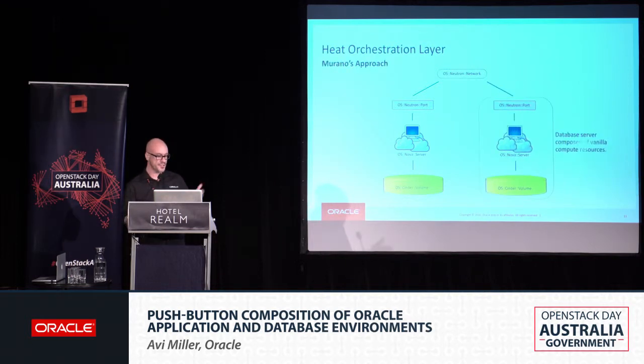With a Murano approach, we replace that single Trove instance with a compilation, if you like. That's my word, it's not an official word, but it's essentially a compilation of vanilla resources. Here we can just use orchestration to say, what I'm going to do is build up an application using a standard Neutron port, a standard Nova server, a standard Cinder volume, but I have slightly more smarts here, which I'll talk about in the Murano agent, in that I can drive the guest.